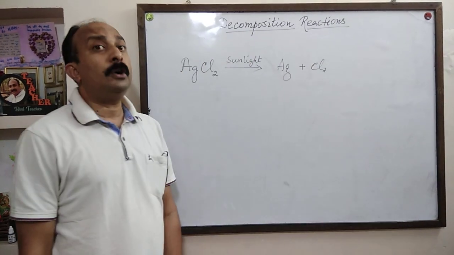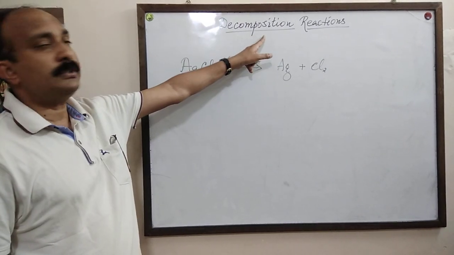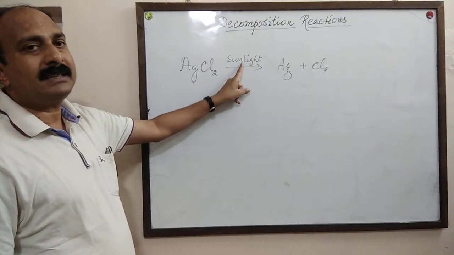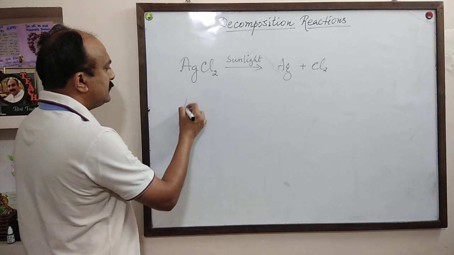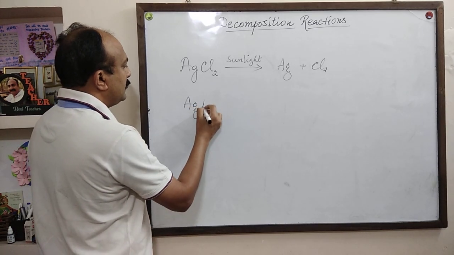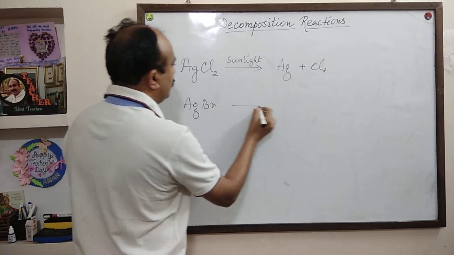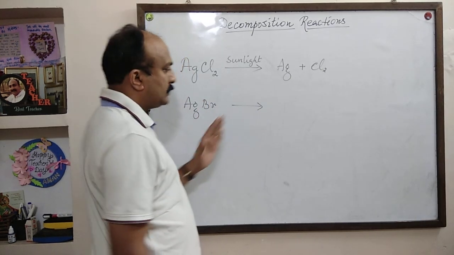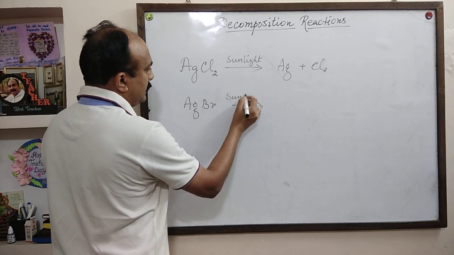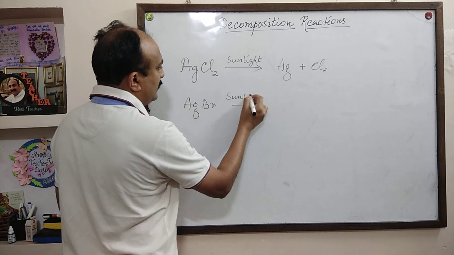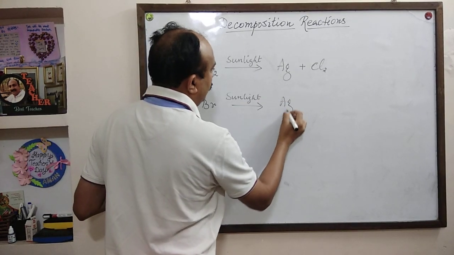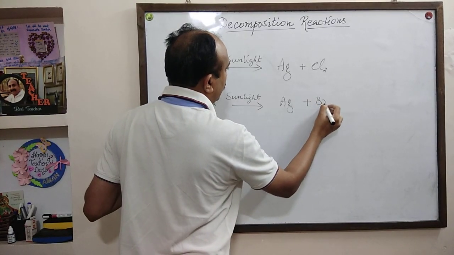This is an example of decomposition reaction caused by sunlight. Similarly, silver bromide. Silver bromide is a compound that also, on exposure to sunlight, will split into silver and bromine.